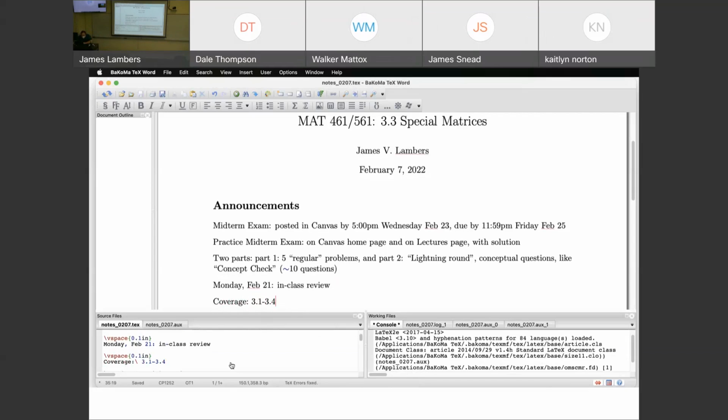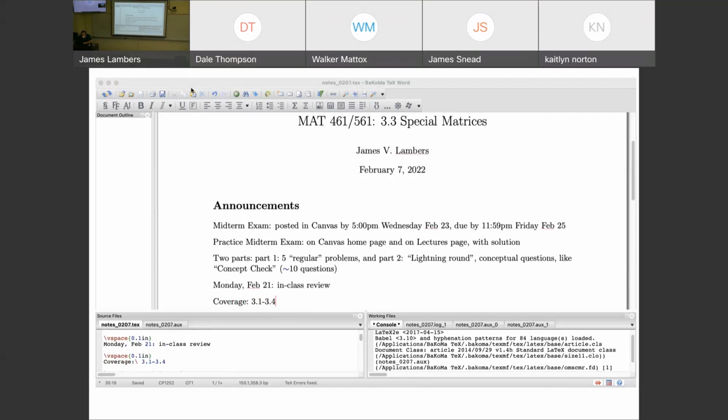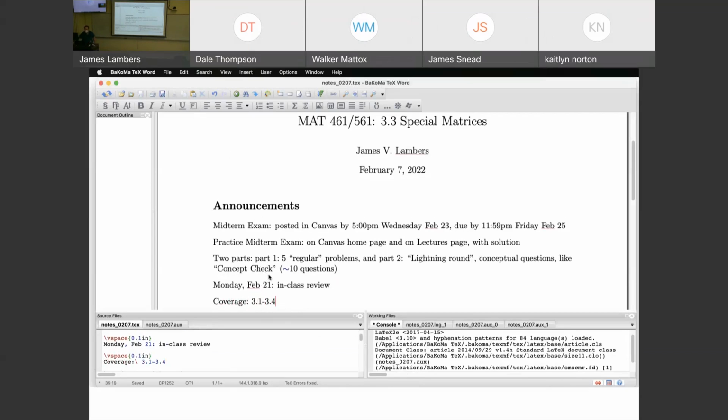Let me just check the rest of my schedule here. Okay. So 3.4 I will cover next Monday. Next Wednesday, I'll start getting into the next chapter, chapter 5, on stationary iterative methods, just to keep moving along the material. But that material will not be on this test.